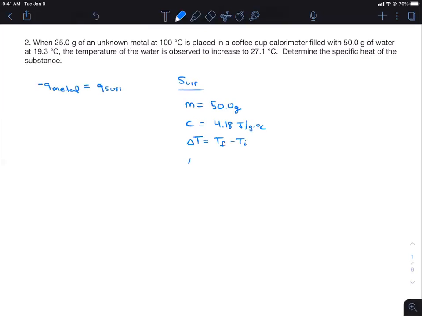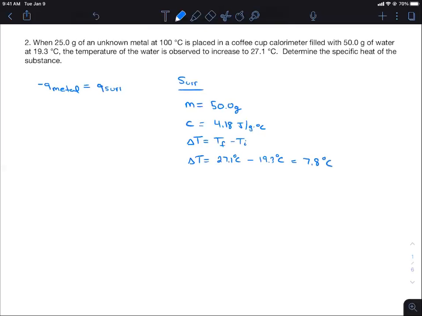If we plug in our numbers, the final temperature is 27.1 degrees Celsius minus our initial temperature of the water, which was 19.3 degrees Celsius. We can calculate that out: 27.1 minus 19.3, and we get 7.8 degrees Celsius.